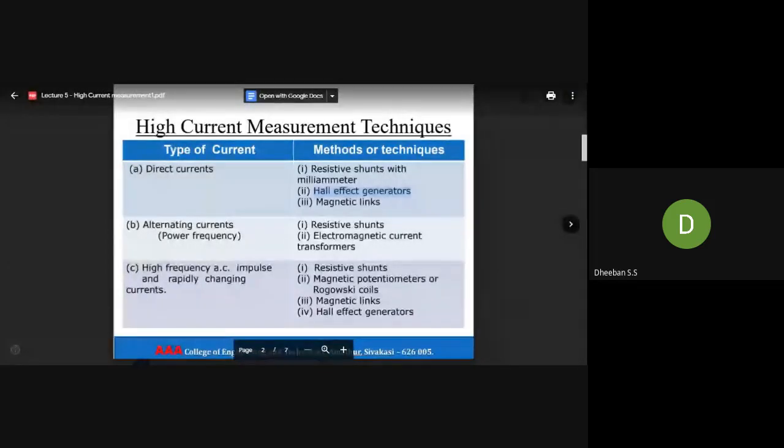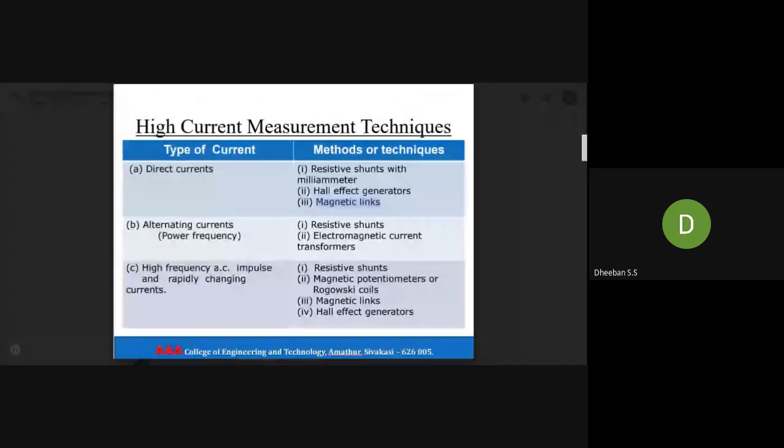In this, the most important point is the Hall effect generator. You might have studied the Hall effect at your school level, as well as in primary physics. Based upon the Hall effect, how we will be measuring it, we can see in this lecture.